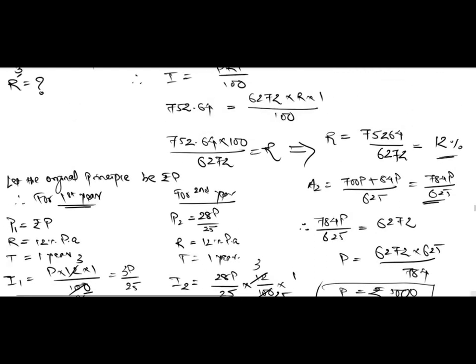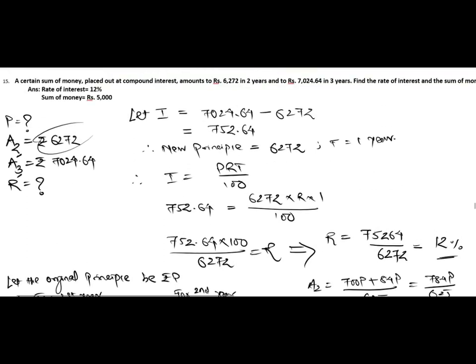Right. So what we did first for finding the rate, we used the new method which we just learned. We subtracted the interest for or amount for 2 consecutive years, and we got our new interest, and the new principal became the amount for the lower year, that is 6272. We took time as 1 year and we found the interest using the formula of simple interest, I is equal to PRT upon 100.